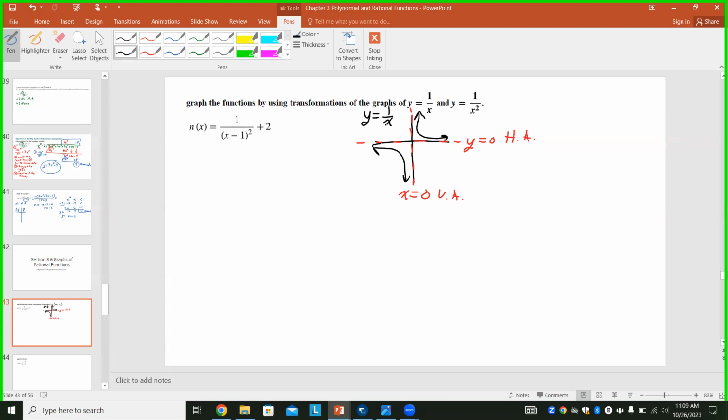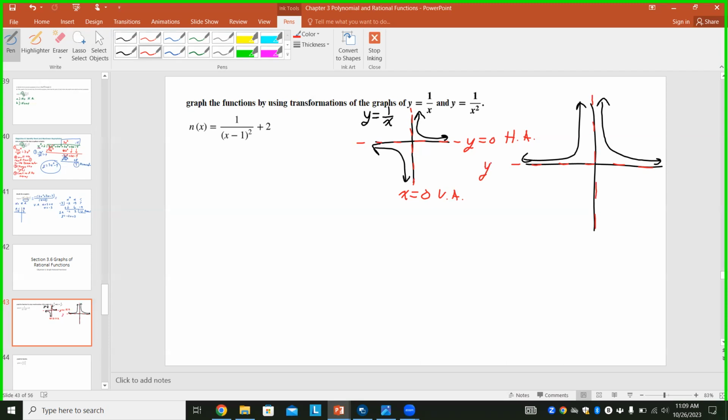So let's talk about the other one. This will be the 1 over x squared, and it looks like this. It actually has the same asymptotes at y equals 0 and at x equals 0.